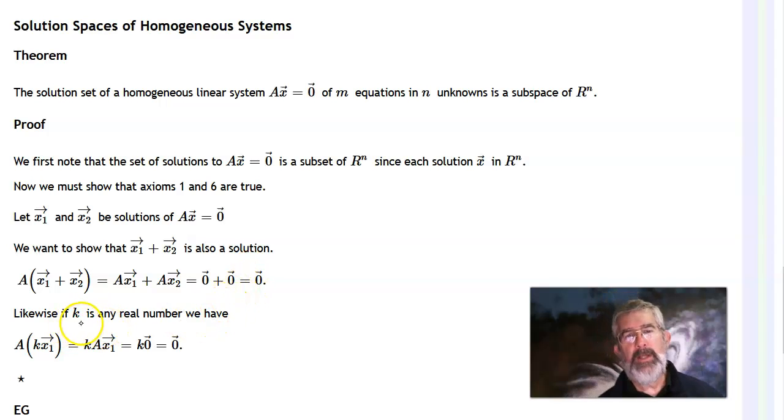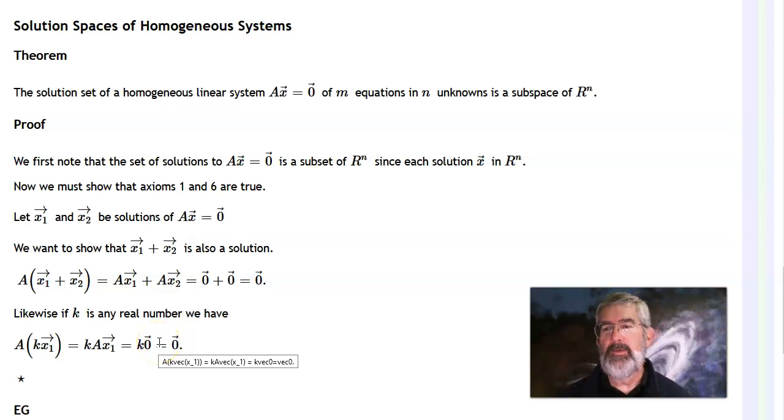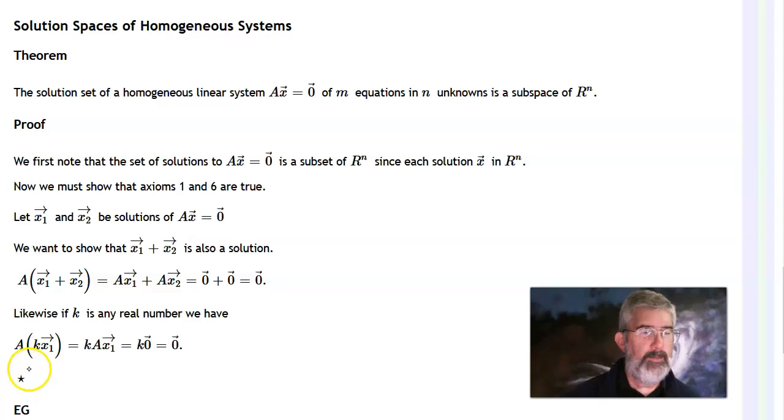Likewise, let k be any real number and take the same x1 we had up here. So x1 is a solution, and I look at k times x1 and ask, is it a solution to that equation? Because I want to show that scalar multiplication is closed. So here we go: A times k x1. Again, I know algebraic properties of matrix multiplication, and this constant can be written out in front.